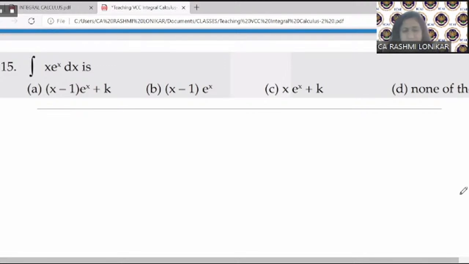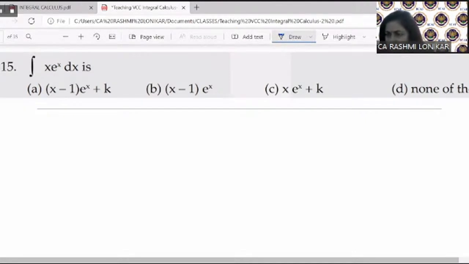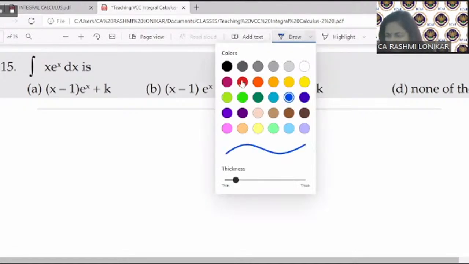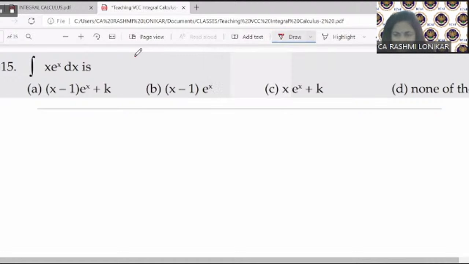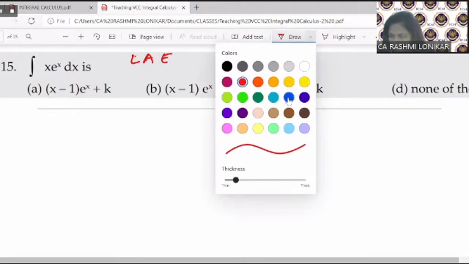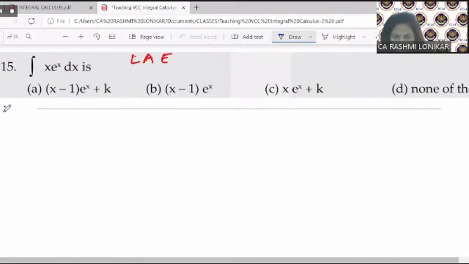Now here again, I have to ensure that I'm using LAE: logarithmic, algebraic and exponential. So what is my first function? The first function is x.